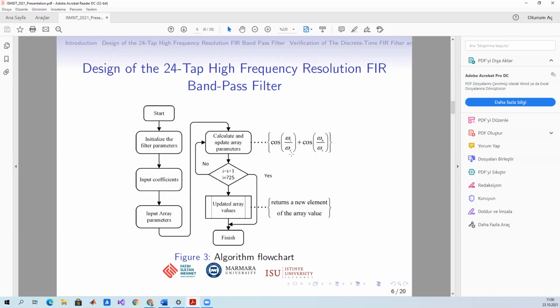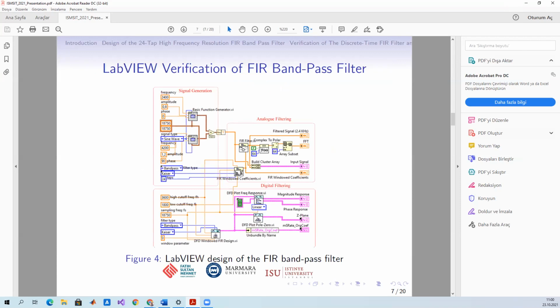If you obtain the 24 order, then the algorithm finishes, and you have the update error values as the last section of the algorithm.